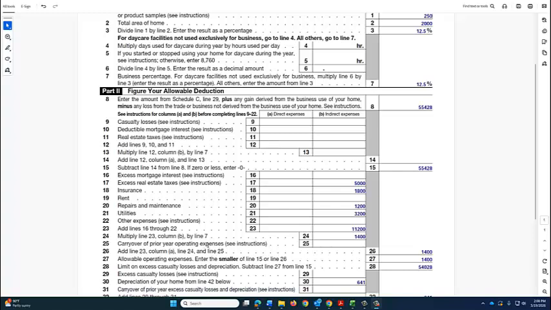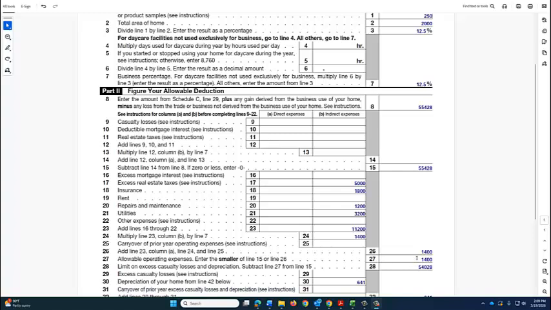So we don't have any carryover for 25, so we'll just enter the $1,400 down on line 26. And on 27, it's asking us to enter the smaller of line 15 or 26. 15 is our tentative profit, and so the $1,400 is of course smaller.